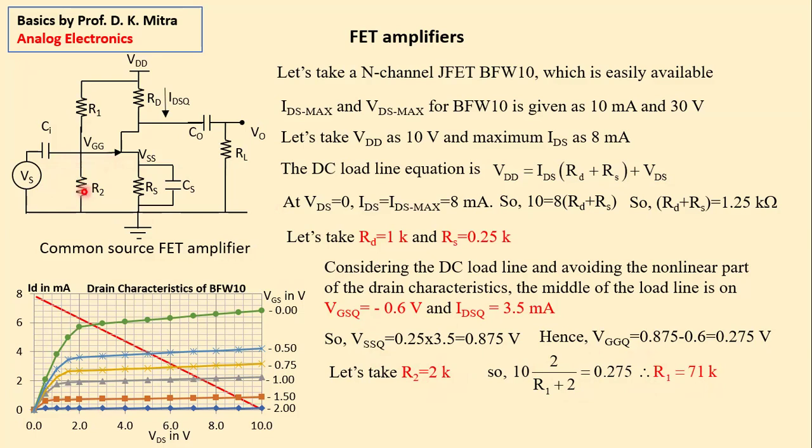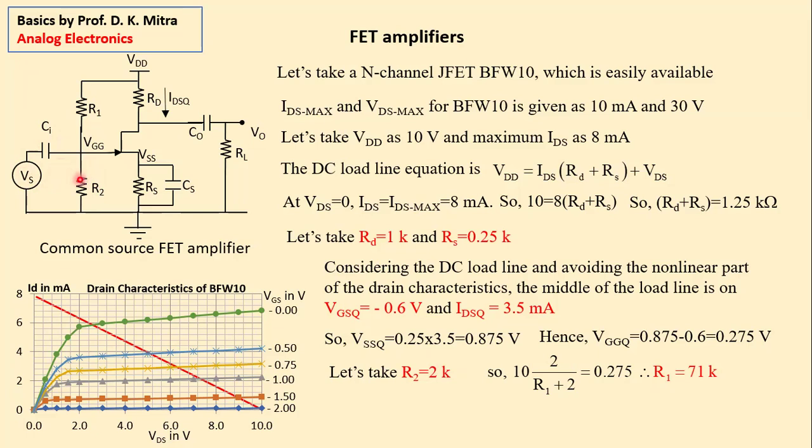Now the point is, FET amplifiers are used for their high impedance. So you can take higher values. Why 2K? You can make it 2 mega. Then input impedance to this amplifier will be around 2 mega, which is very good for this source.